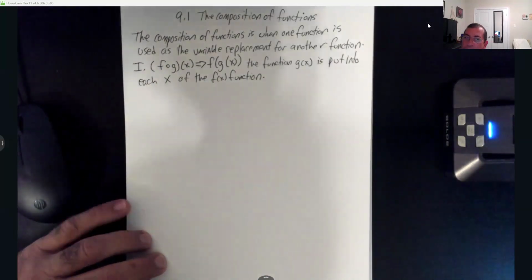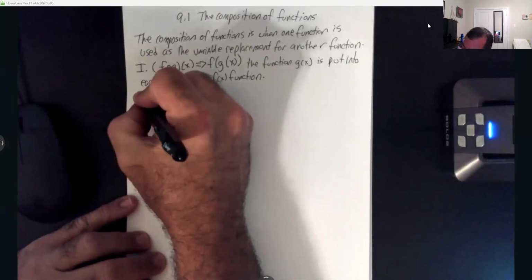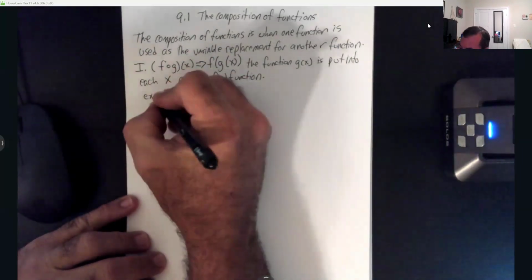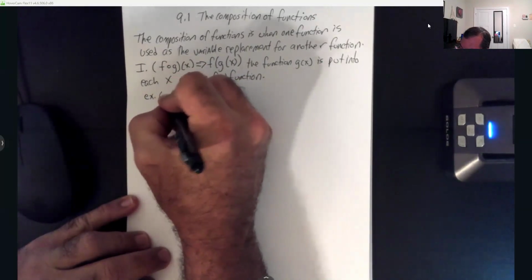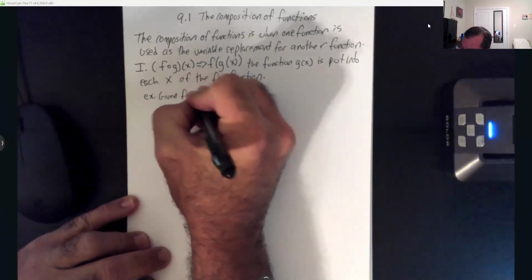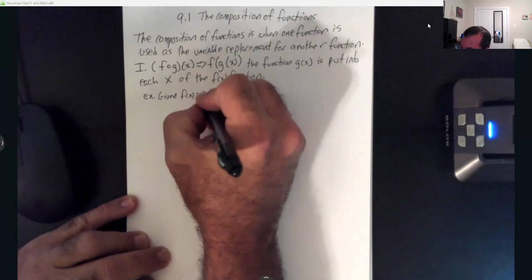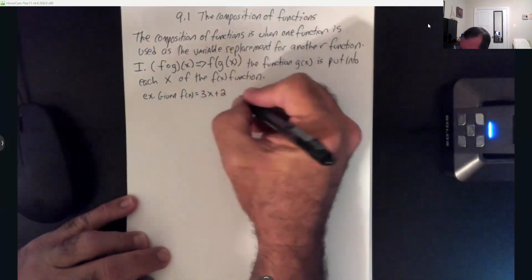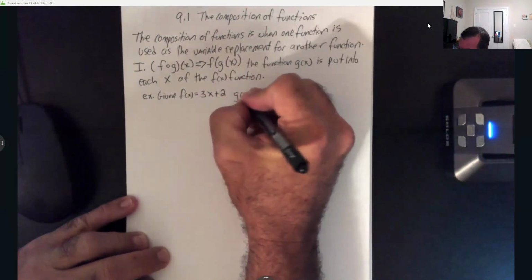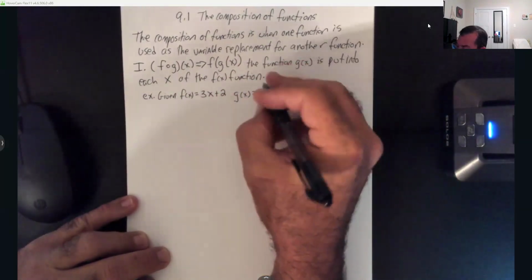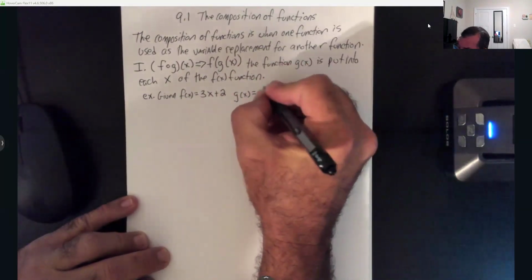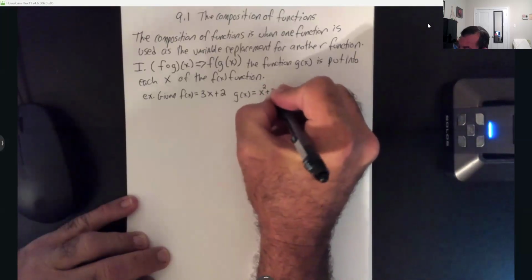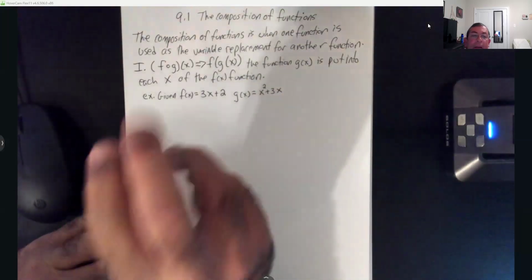So y'all, let me show you what I'm talking about. This will be just an example of this. Say I'm given F of X equals 3x plus 2, and I'm given G of X equals something like x squared plus 3x.